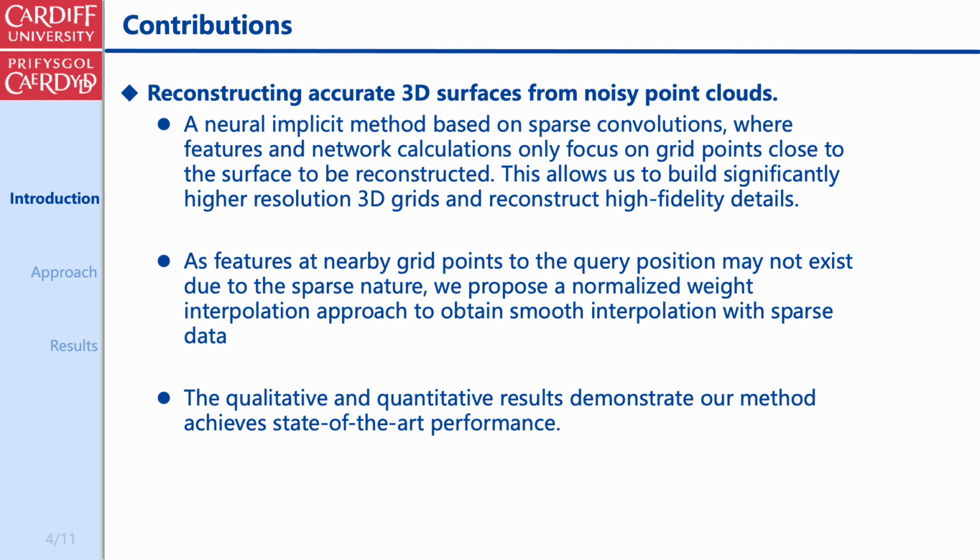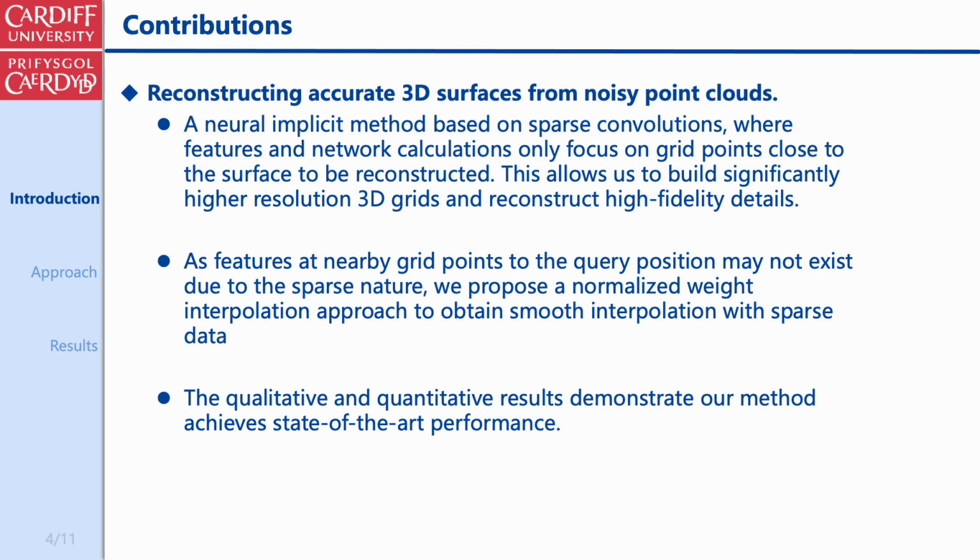Therefore, the contribution of our work is that we can use a sparse model to reconstruct accurate 3D surfaces from noisy point clouds. We build a neural implicit method based on sparse convolutions, where the features and the network calculation only focus on grid points close to the surface. This allows us to build significantly higher resolution 3D grids and reconstruct high-fidelity details.